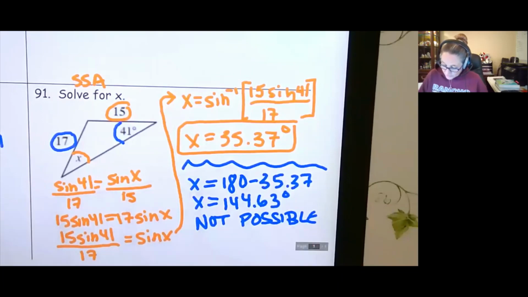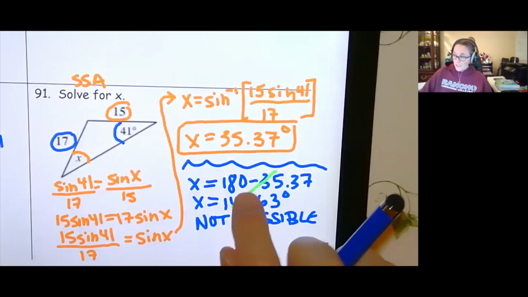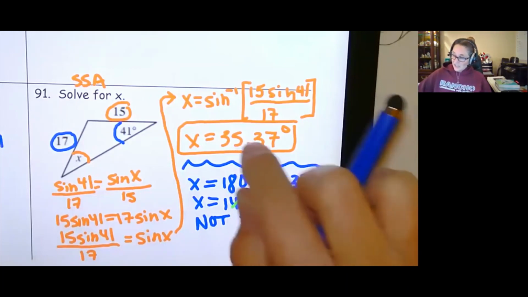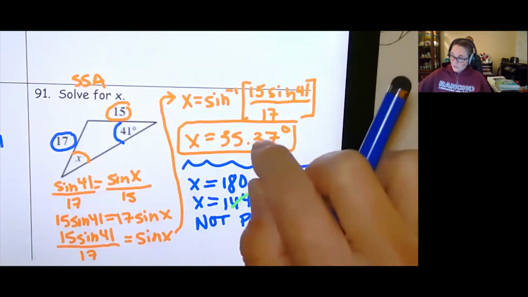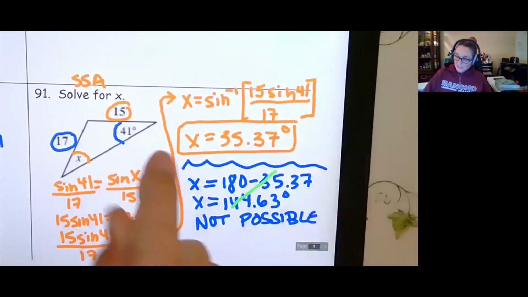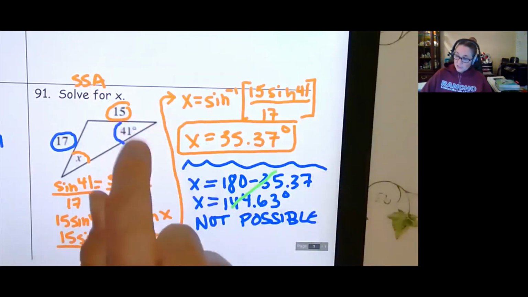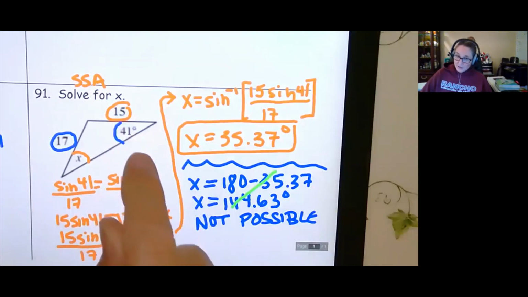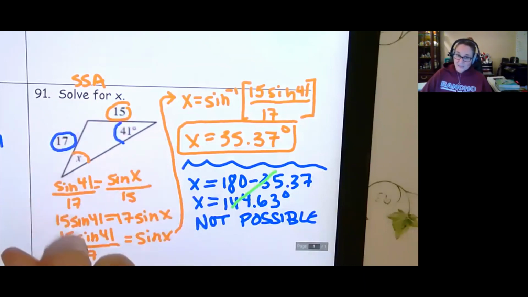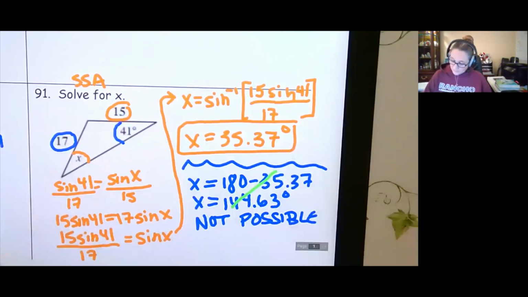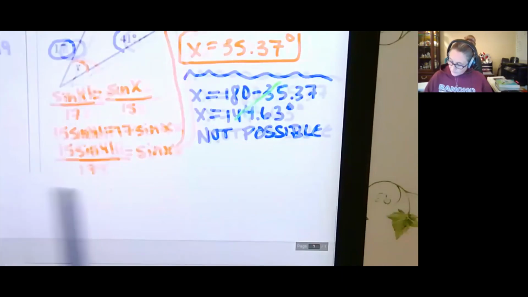So this one was a no. Again, because when I take 180 minus this angle to find the other possibility, I need to make sure that I don't get something so big that when I add it to 41, I'm already beyond 180. So this is your only answer right here. And let's see, next one. Yep, that's the end of this one.